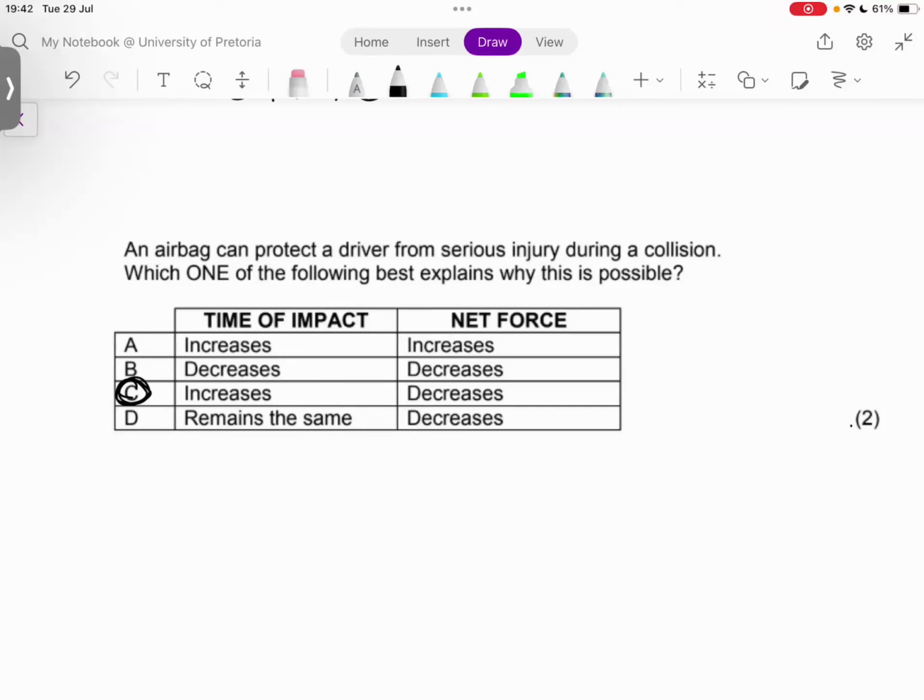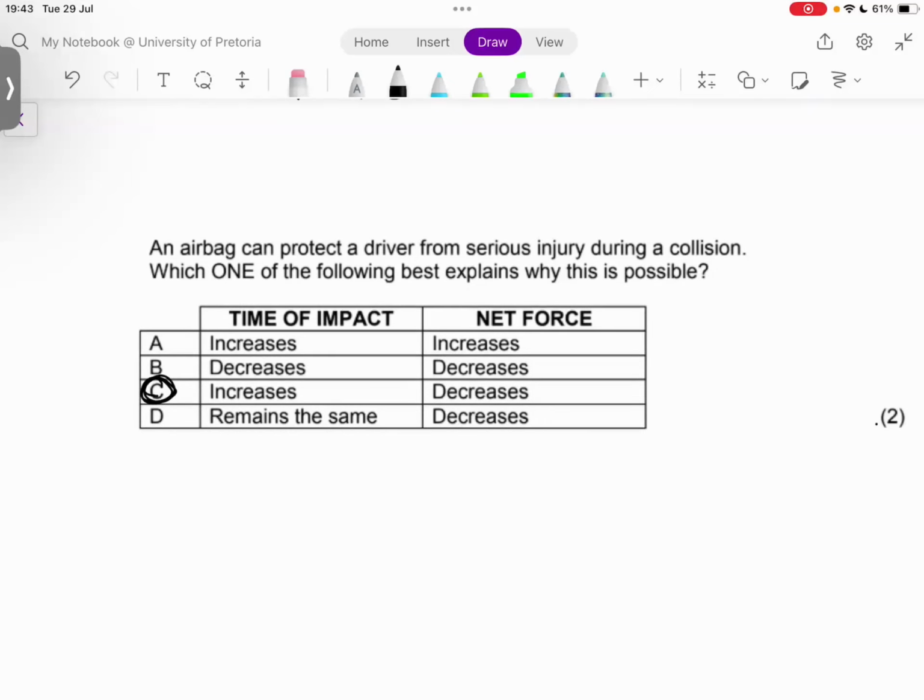Remember my example I provided in the beginning of the session, whereby if a cricket player wants to catch a ball and doesn't want it bouncing off his hand, or he doesn't want to harm his hand, he will move his hand with the ball, the motion of the ball, increasing the time of impact, therefore decreasing the net force. Cool. Let's carry on.